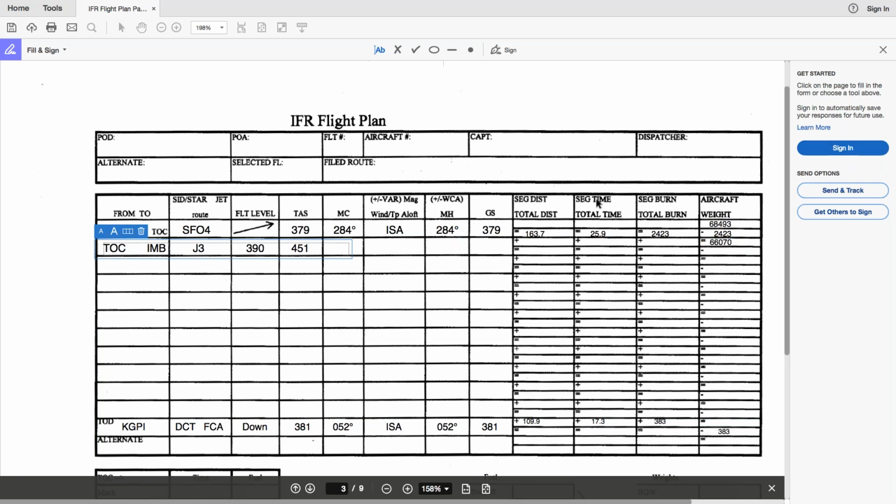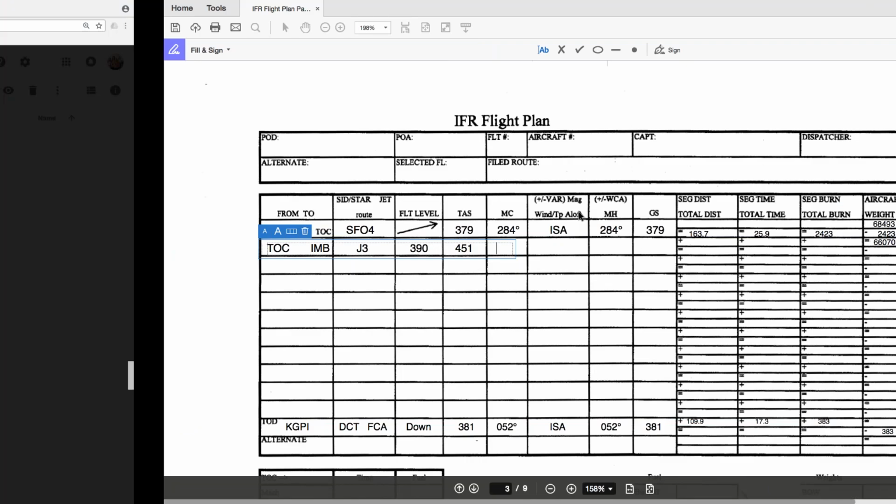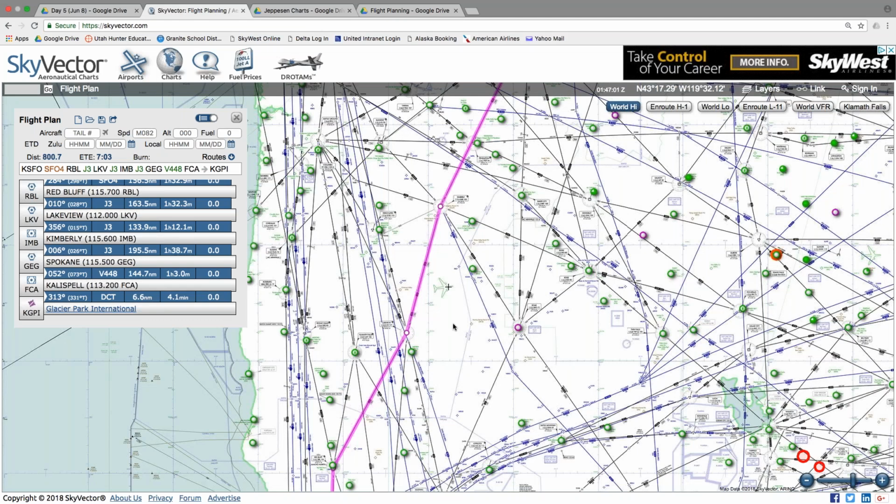All right. Magnetic course, pull it off SkyVector, pull an average. Red Bluff to Kimberly, we're flying a portion of that at 163.5, so 164, and another portion at 134.